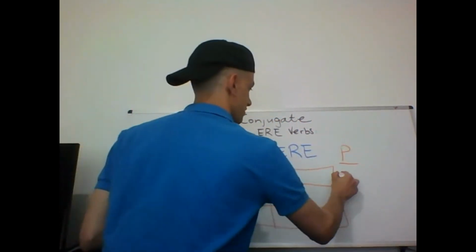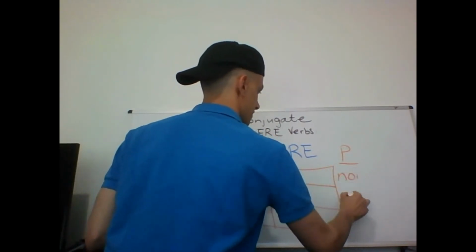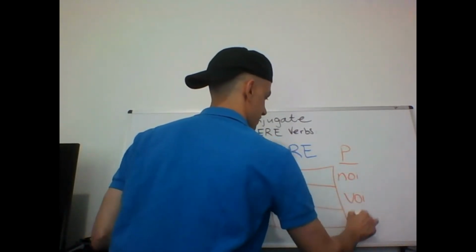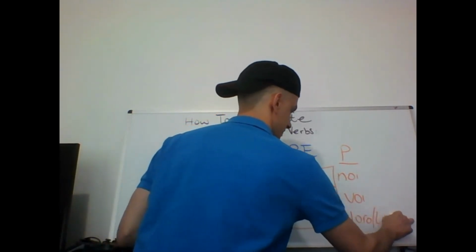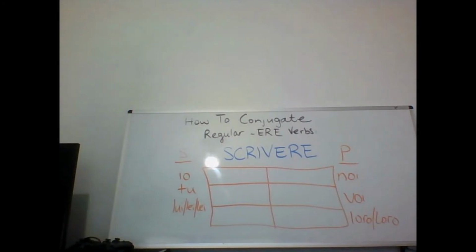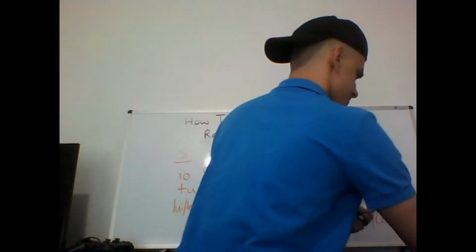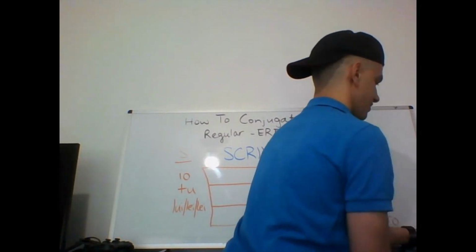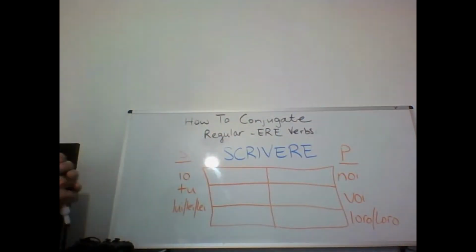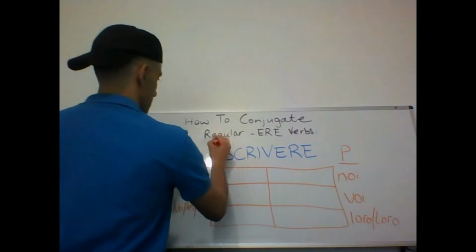We're going to have noi, voi, loro. Right? Here's how the verb endings are going to be for all regular ERE verbs. Again, keyword regular.